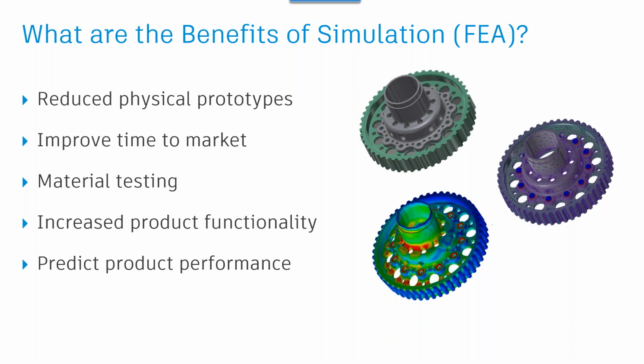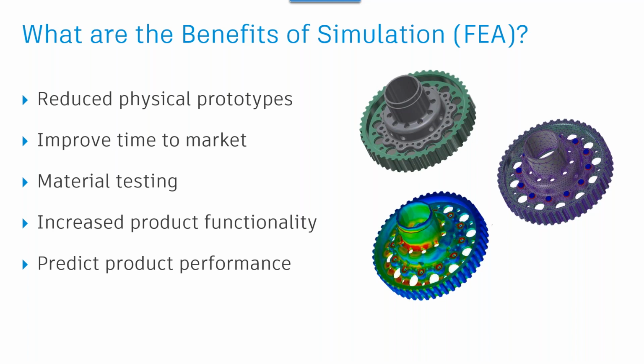So some of the key benefits of using simulation is, one, to reduce physical prototypes. So you're essentially mapping the behavior of the part design or the product that you have designed in a virtual environment versus actually creating a physical prototype and then testing it for, say, different loads or different situations that the product might be subject to.